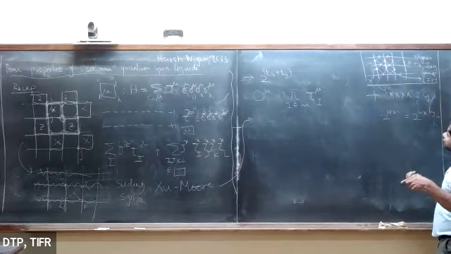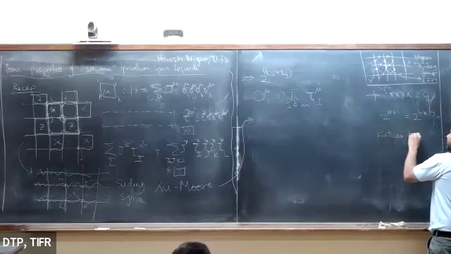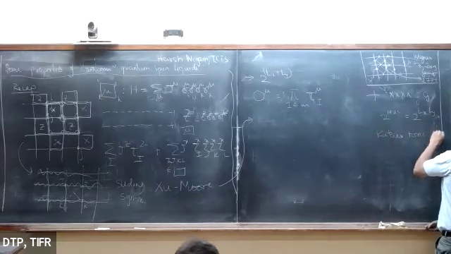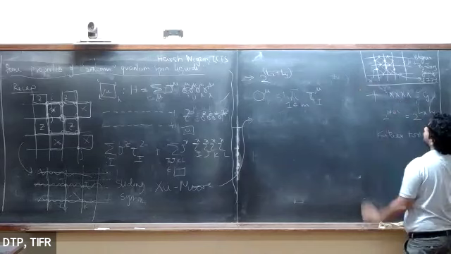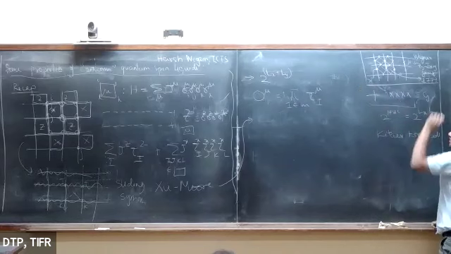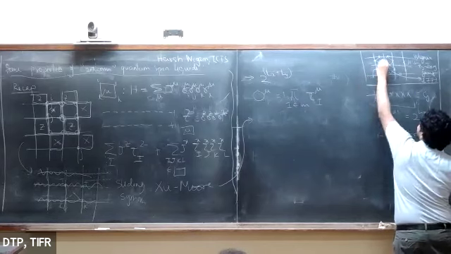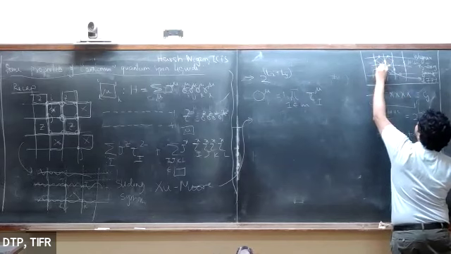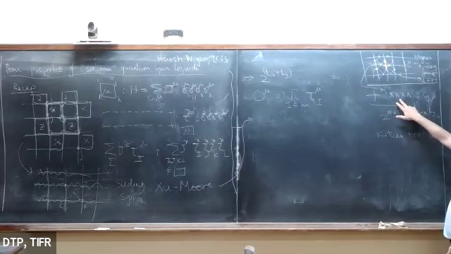But one way of looking at topological order is what is called the Kitaev toric code. I don't know if you are motivated by this or not. You can replace this single-site transverse field term by the gauge generator itself. On the stars, you put the gauge generator. Obviously, as we said, these are gauge generators, so they commute with the plaquette terms. They are all mutually commuting. This is what is called the Kitaev toric code.